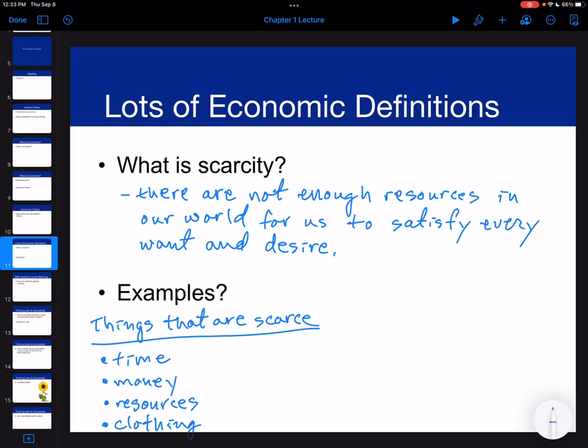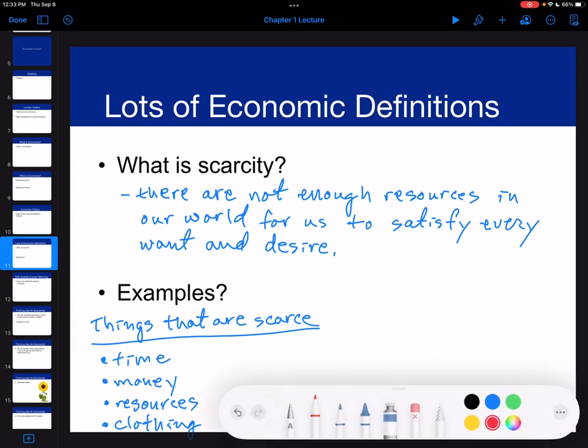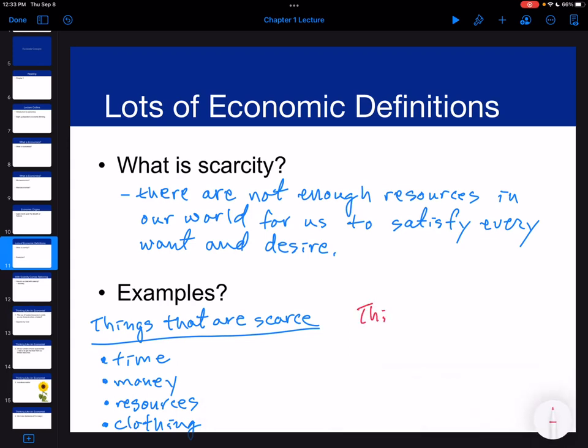And so that's why over here on the right, I can kind of write in things that are not scarce. Okay. Well, that's not very many things. For the most part, basically air. It's not like I have to make a choice of, do I breathe or do something else?